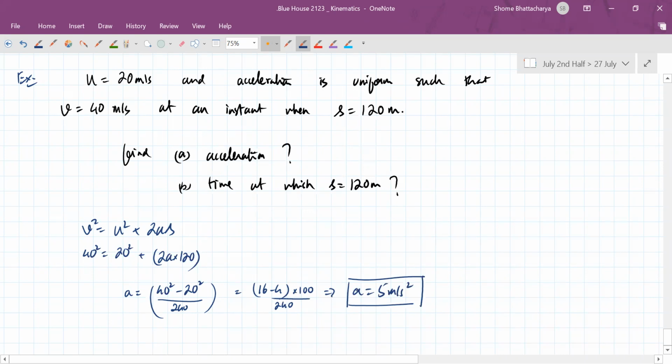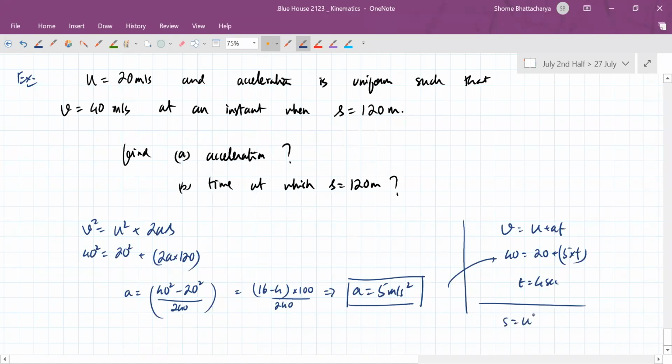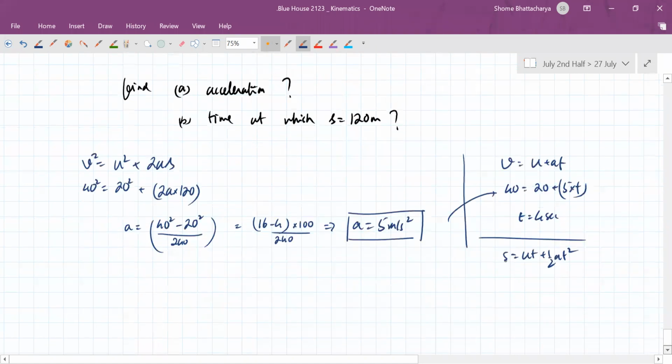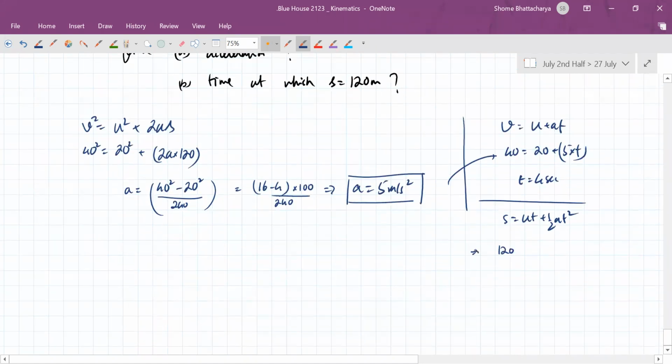So that's the first part done, and then we can use the first equation for the time. Or we can use this also. So 120 equals this.